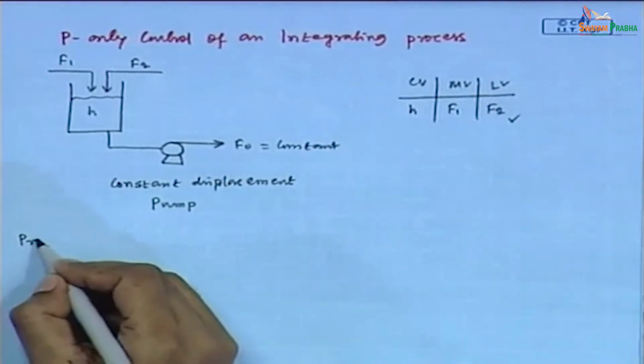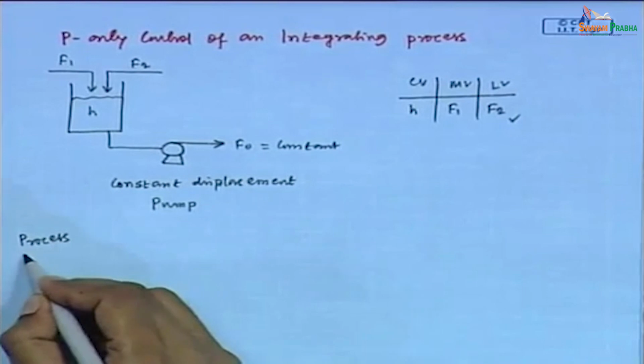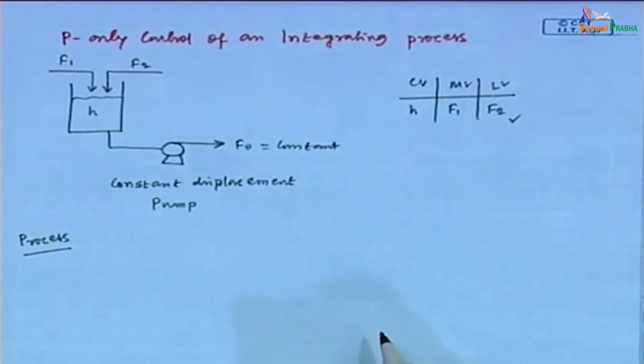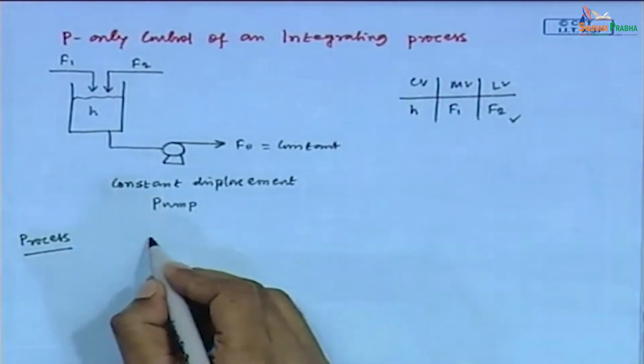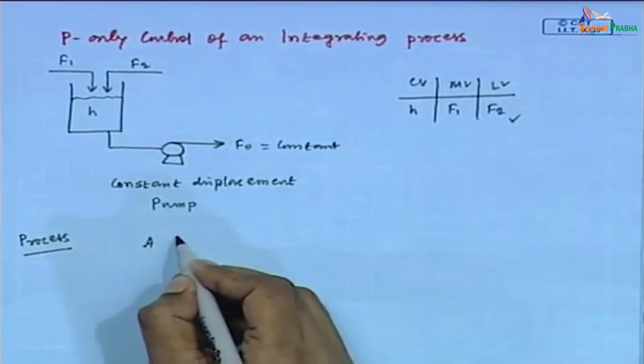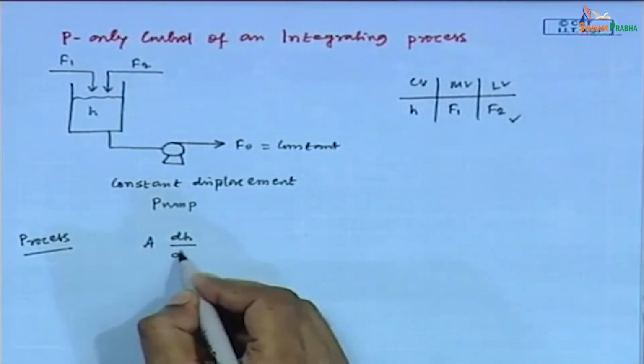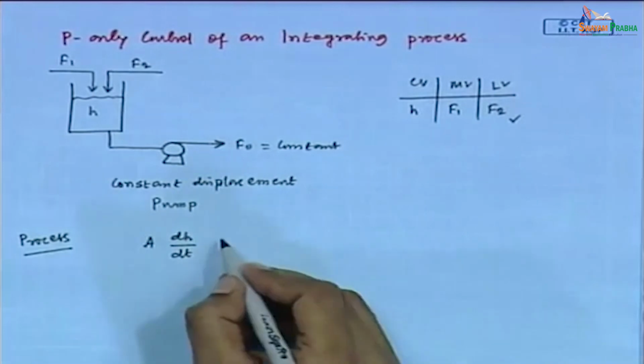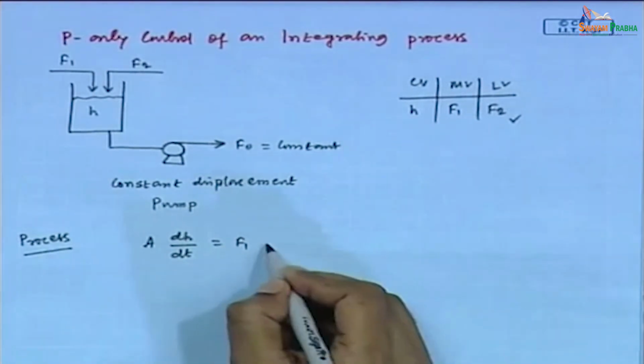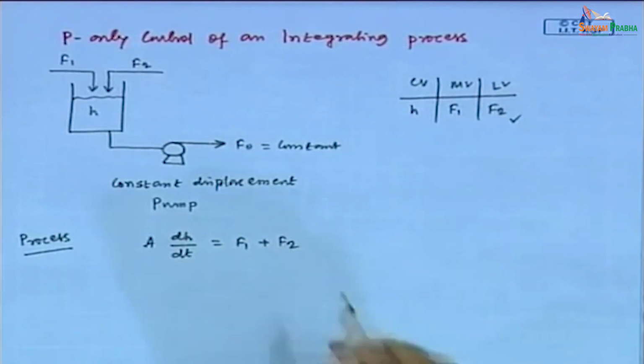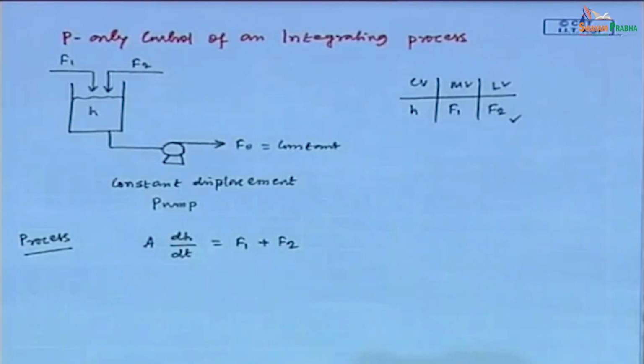So, first is the process. Performing mass balance, we can write A dH dt equals F1 plus F2. Performing mass balance for the example system, we write A dH dt equals F1 plus F2.